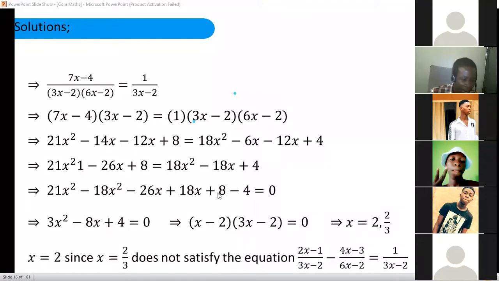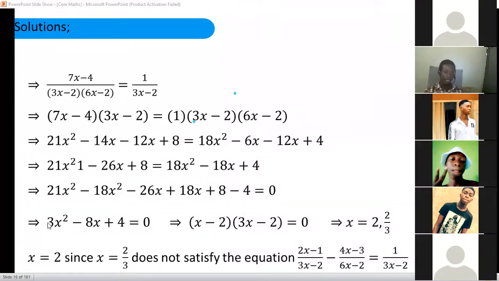Then plus 8 minus 4 will give us plus 4, is equal to 0. So we have 3x squared minus 8x plus 4 is equal to 0.